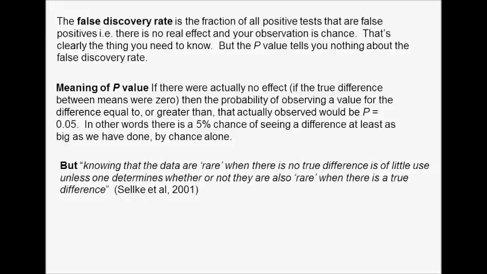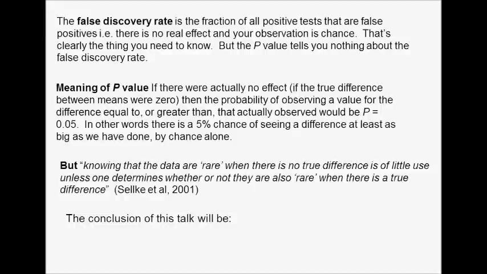The simplest way I've seen of saying briefly why the p-value doesn't give you a false discovery rate is to paraphrase American statisticians who said, knowing that the data are rare when there is no true difference, that's what the p-value gives you, is of little use unless one determines whether or not they are also rare when there is a true difference.